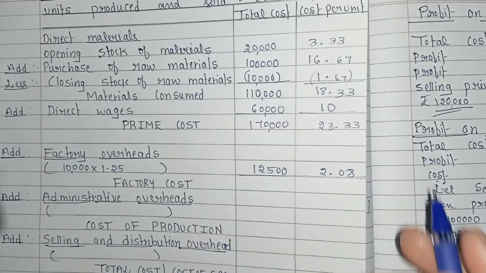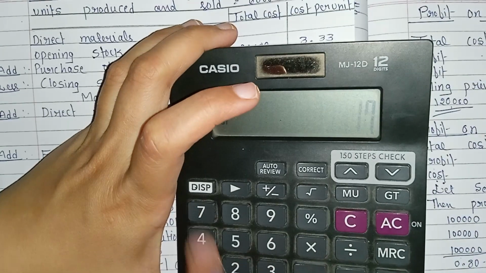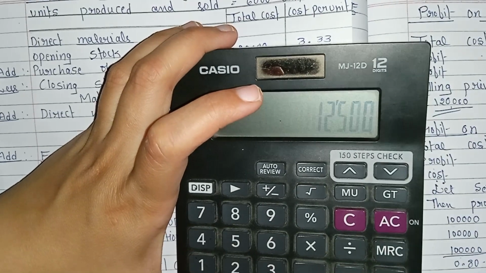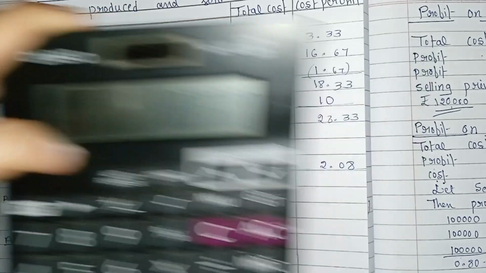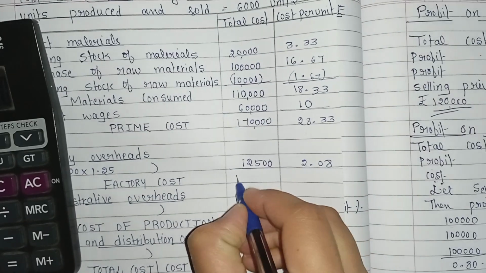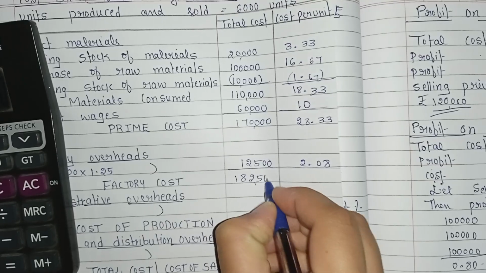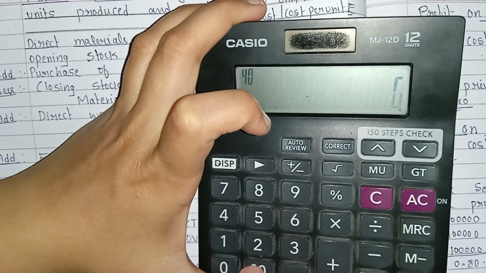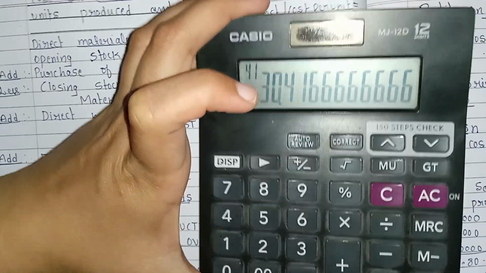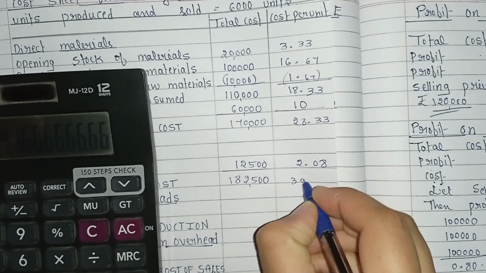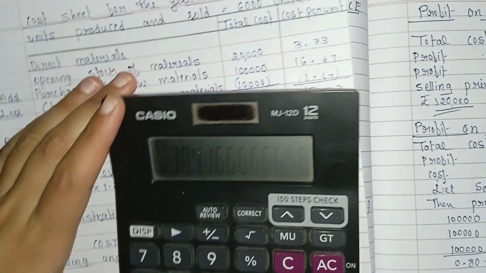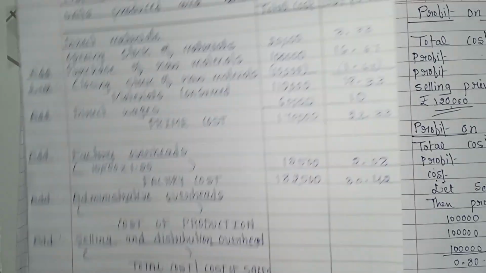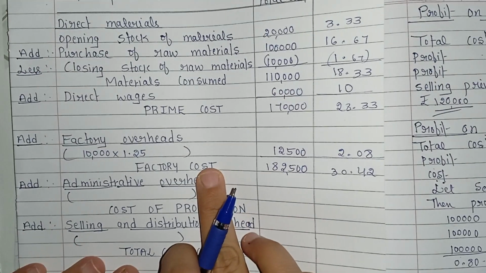So our factory cost is 1,70,000 plus 12,500, which is 1,82,500 as our factory cost or works cost, divided by 6,000 equals 30.42. Clear?